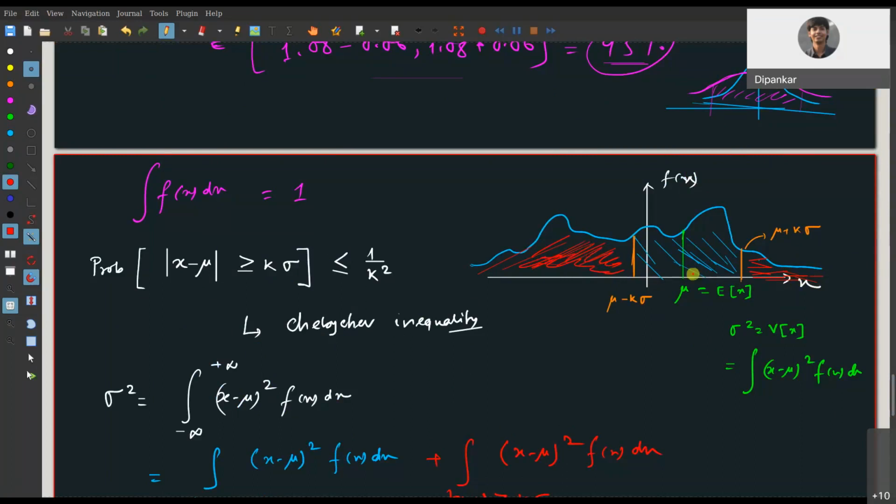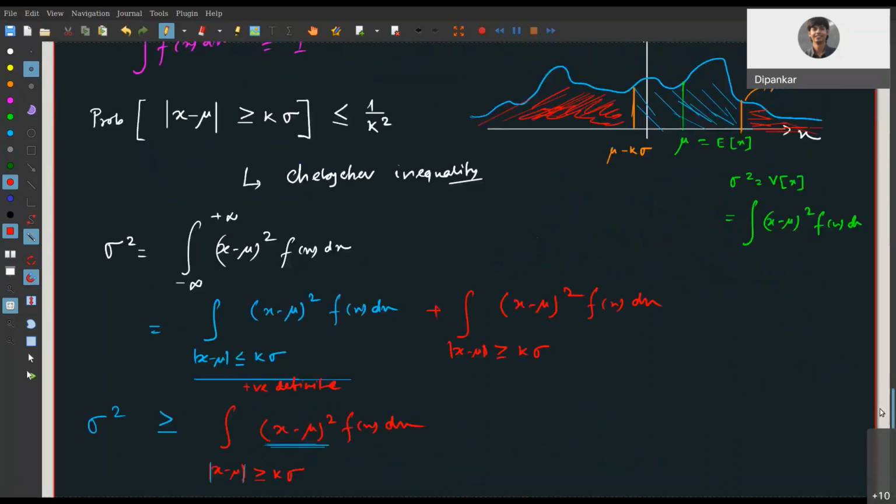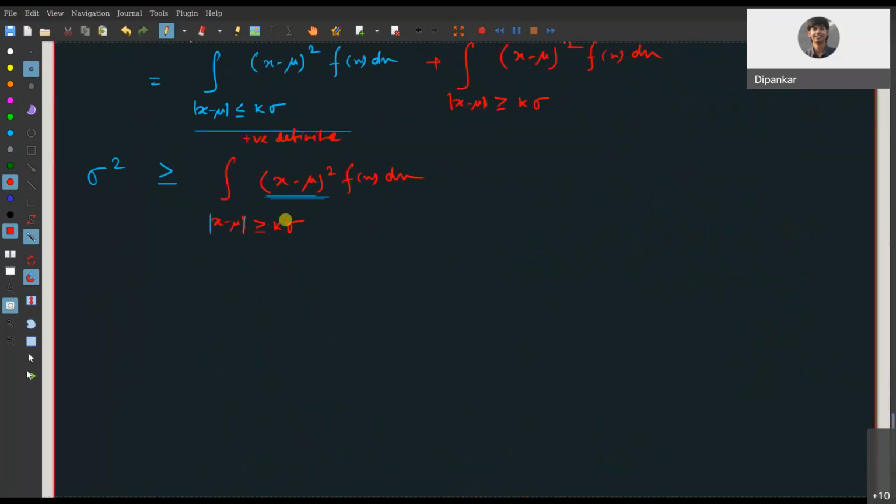The minimum value occurs when mod of x minus mu sticks to the minimum value of k sigma. So in this region, the minimum of (x minus mu) whole square is just k square sigma square.